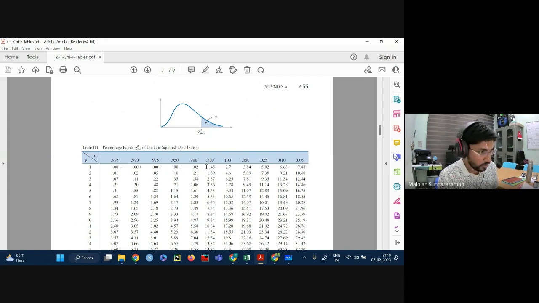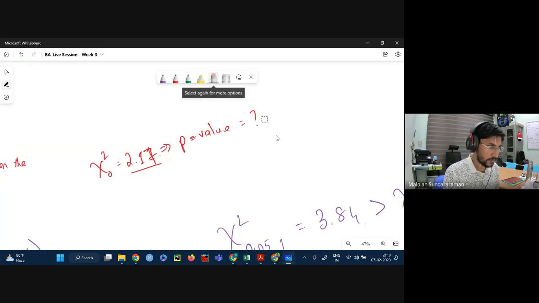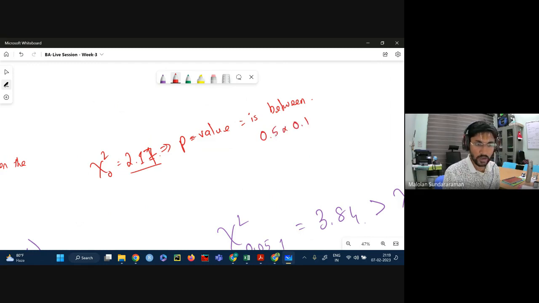So my chi-square value is falling between 0.45 and 2.71, more closer to 2.71, right? So the p-value is between 0.5 and 0.1.